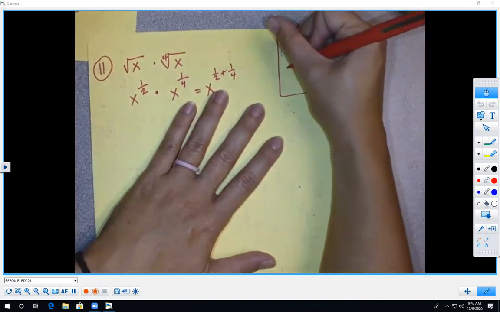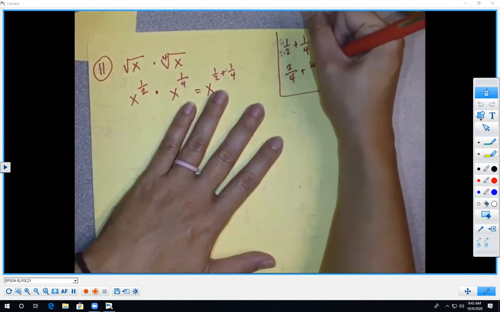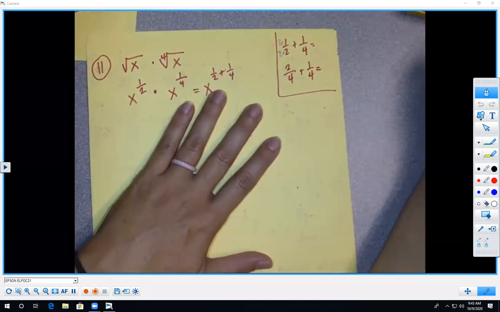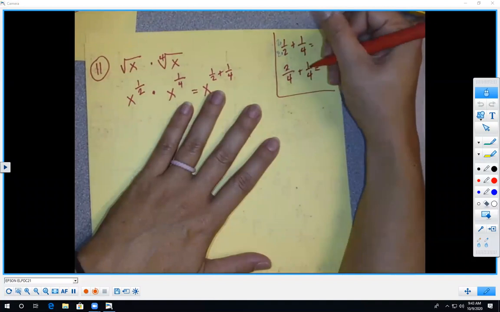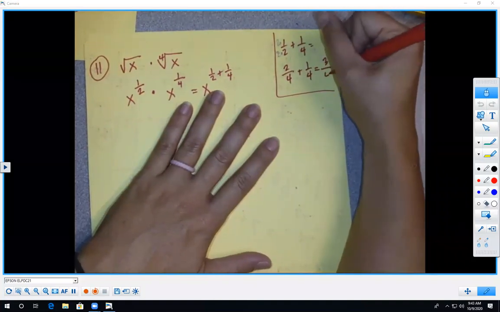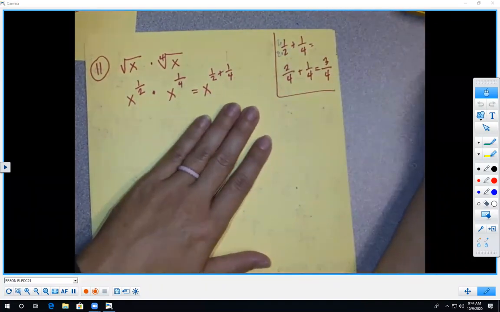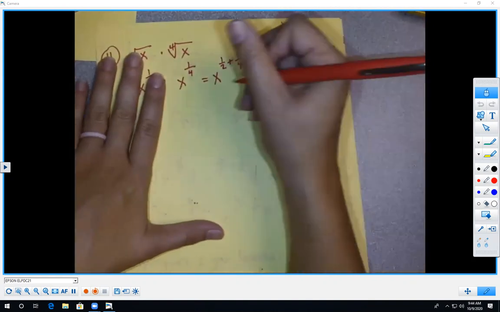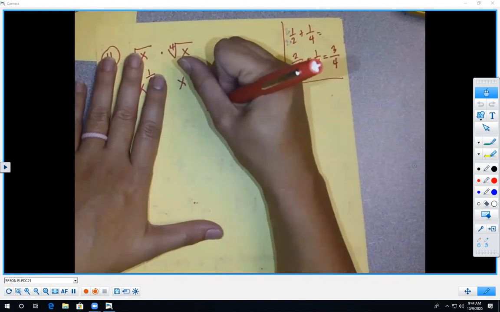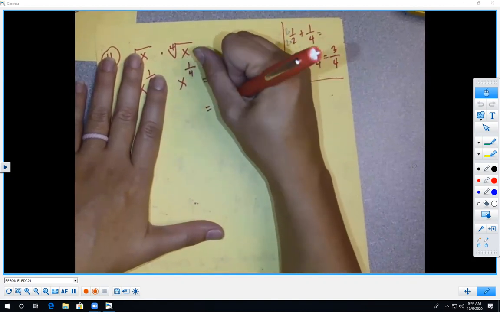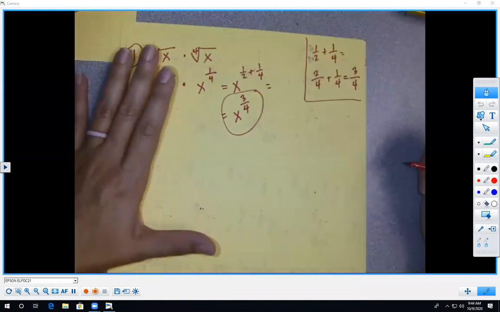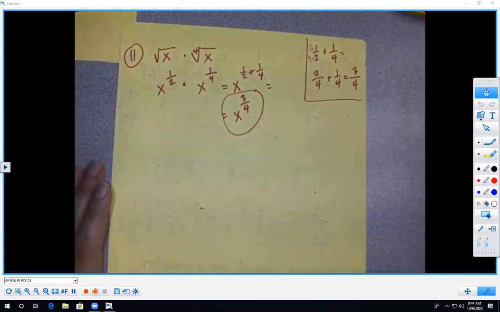So this becomes 2 over 4 plus 1 over 4. Now they have a common denominator, so I can just add across the top, keep the bottom. 2 plus 1 is 3. The bottom stays as 4. So 1/2 plus 1/4 is 3/4. So this becomes x to the 3/4 power. That's one way to write your answer. What's the other way to write your answer here?